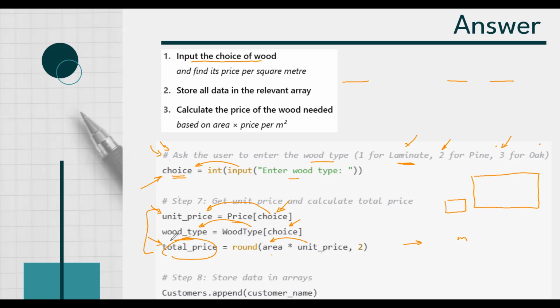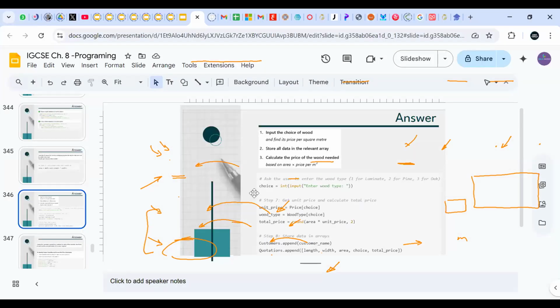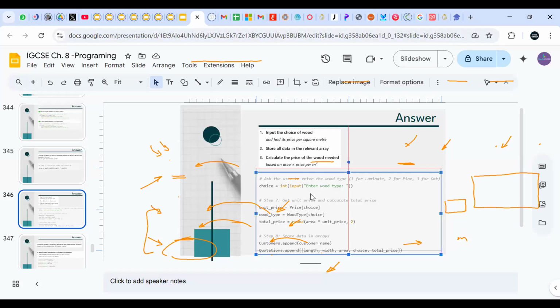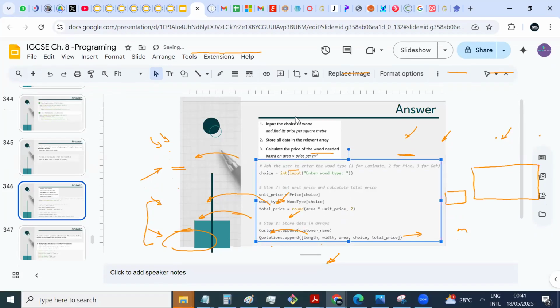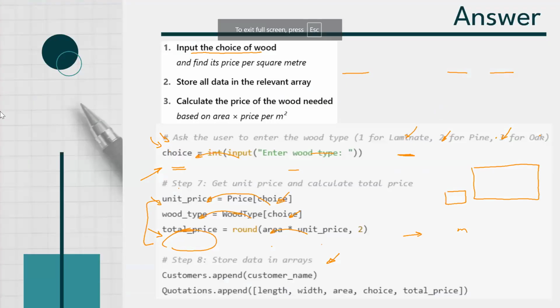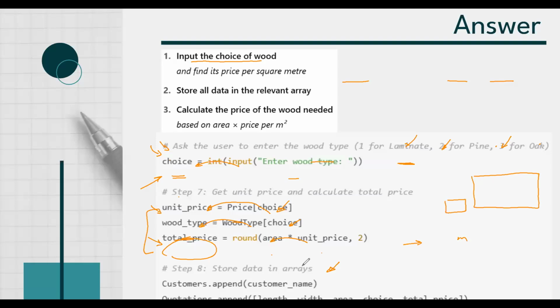Okay, this portion is not clear, so I have to push it above a bit, so bear with me, please. As you can see here, once I get the customer name, which is a string, I need to add it to the customer array.